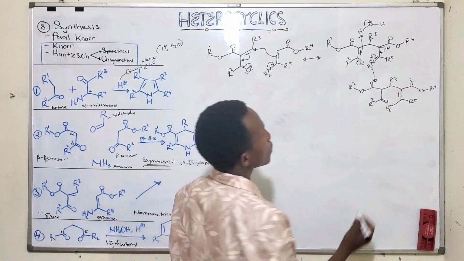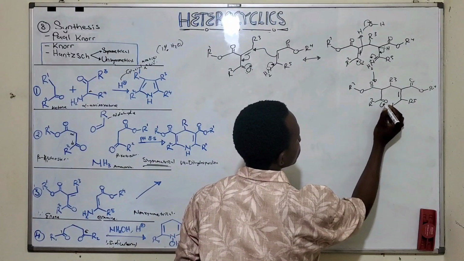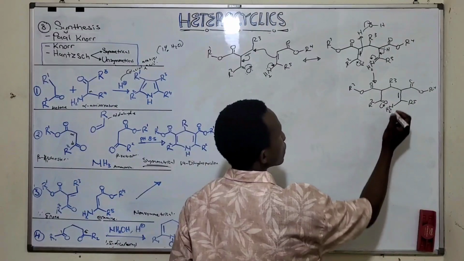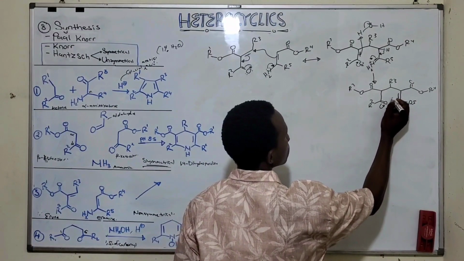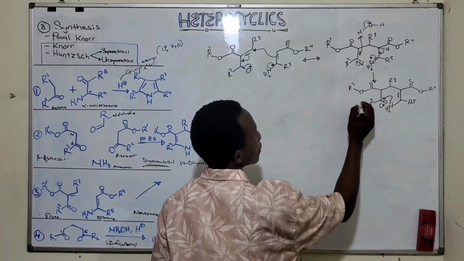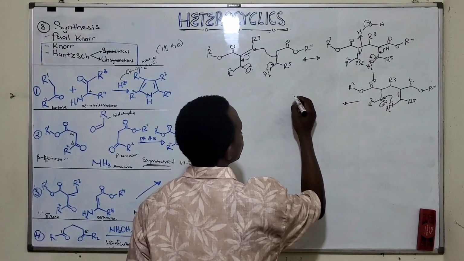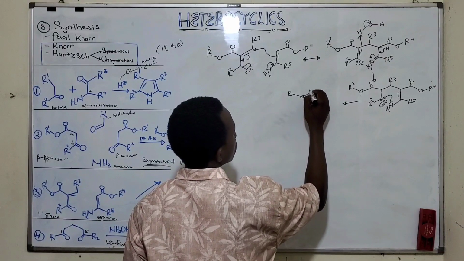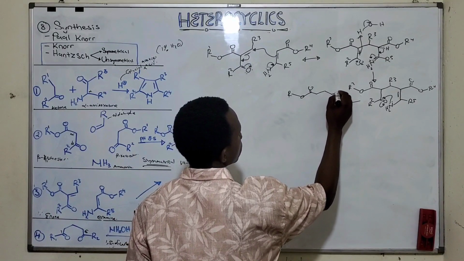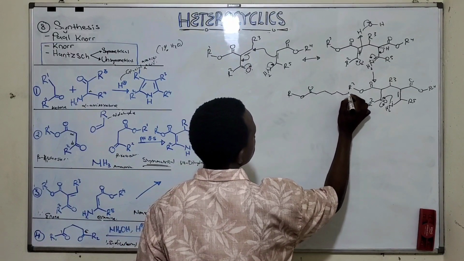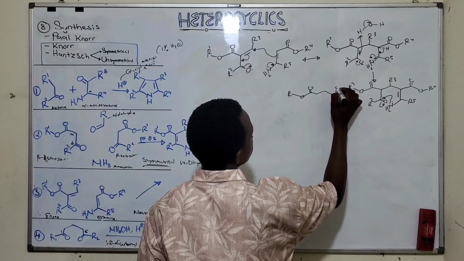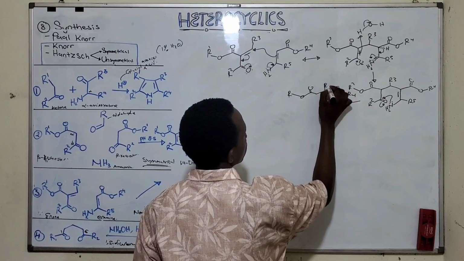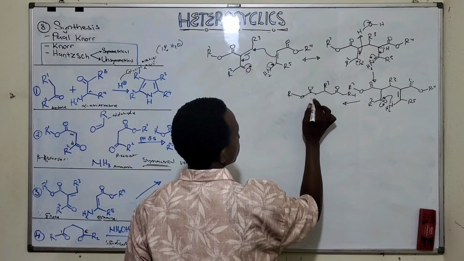That's what we have. So as this oxygen pulls electrons back, this nitrogen has lone pairs, so it attacks the carbocation. So we form this R4. We have a keto group there, R3.